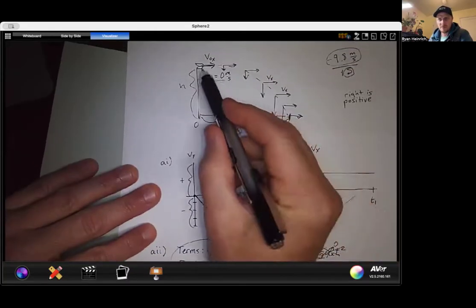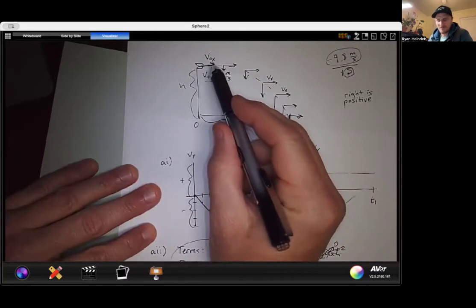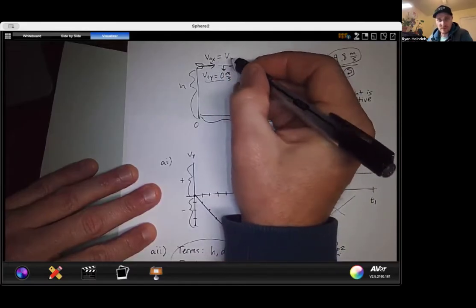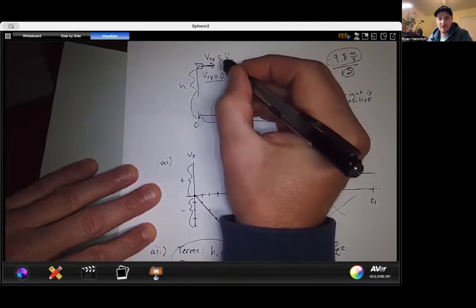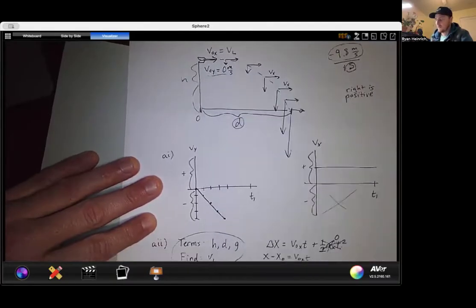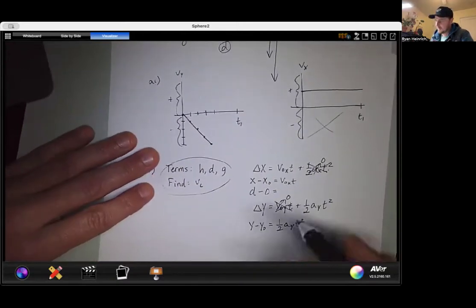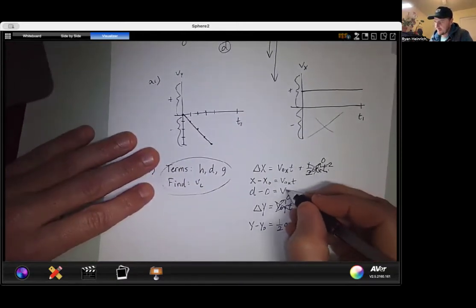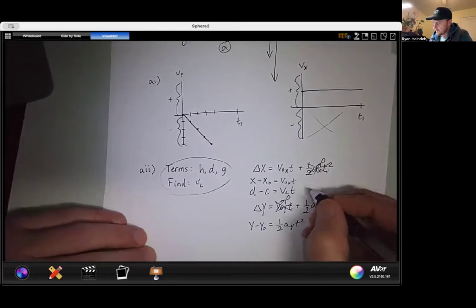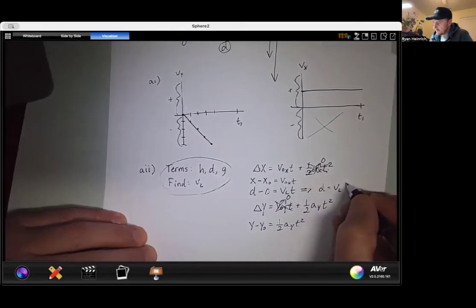Well, that was your initial velocity. Isn't that the same thing as your initial launch velocity? So this problem is referring to v naught x as VL. That is your initial launch velocity. And it purely is in the x-axis, as I already stated. So for v naught x, I'll put in VL times t. And I'll clean it up a little bit and rewrite it as D equals VL t.